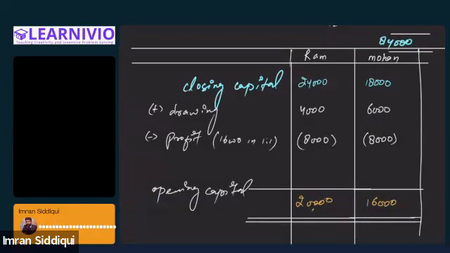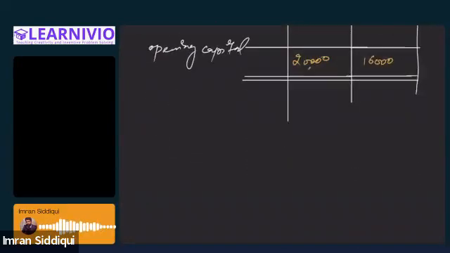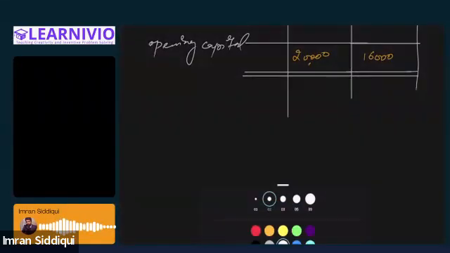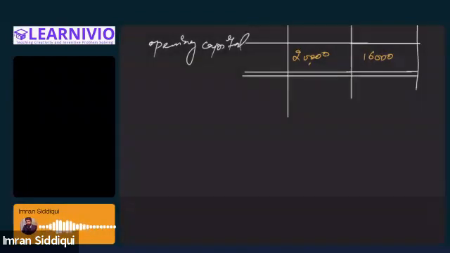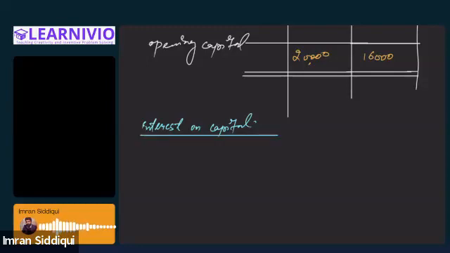Yes, sir. Okay. Now, since we got the opening capital, we can calculate the interest on capital for both the partners. So interest on capital. First of all, for Ram, it will be upon 20,000.